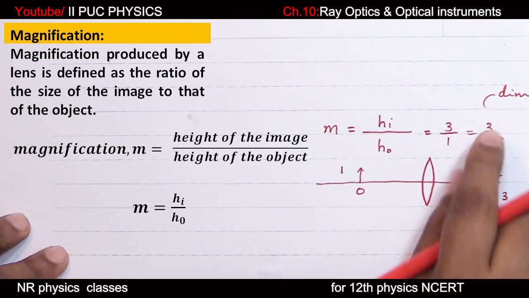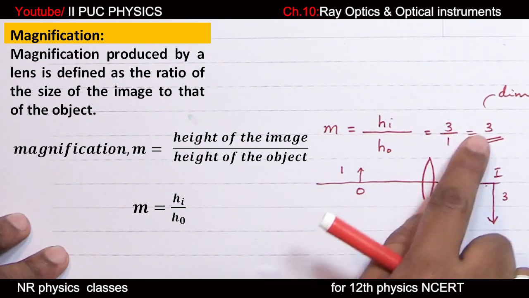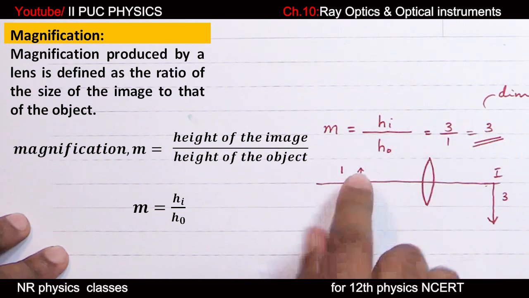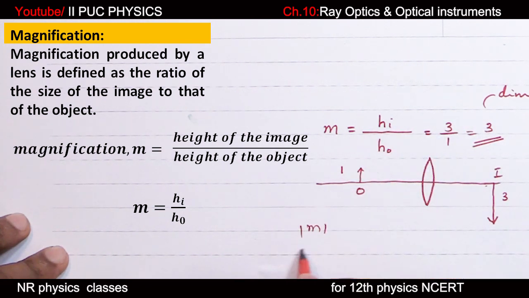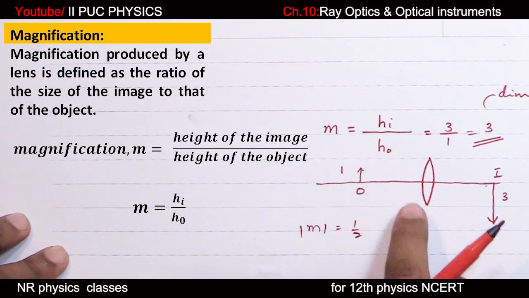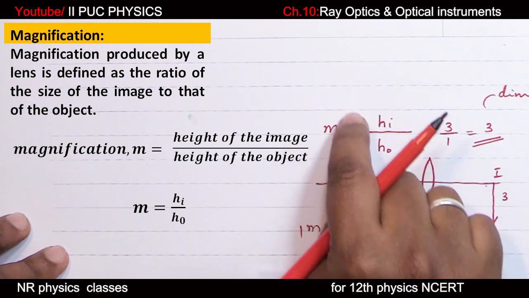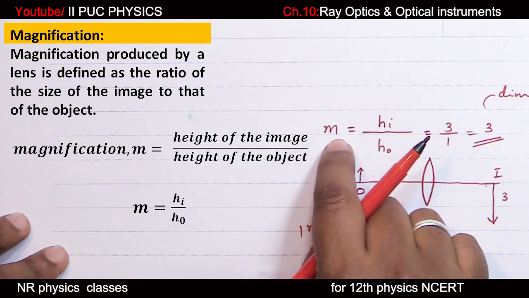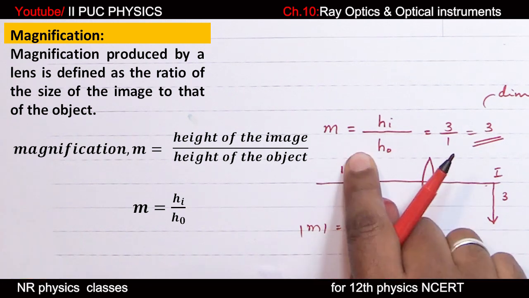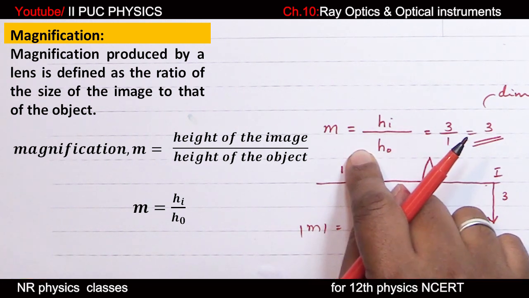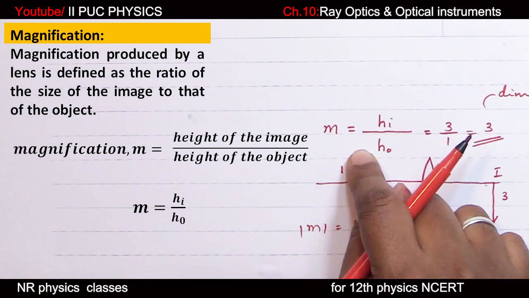It is just a number. This says the image is 3 times the size of the object. If the magnitude of magnification is half, then the image is half the size of the object. That's how magnification is used. Okay, go through this statement. Magnification is the ratio of the size of the image to the size of the object.